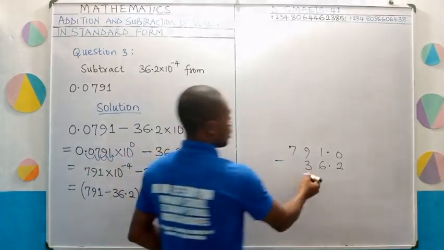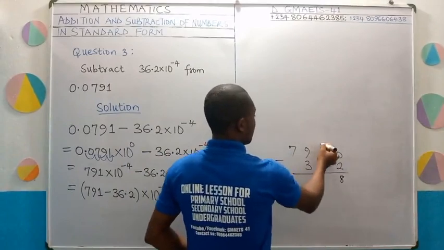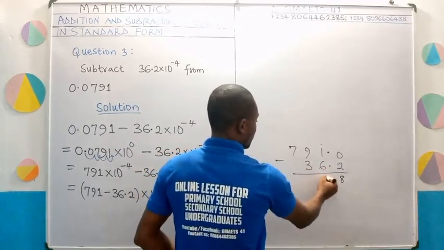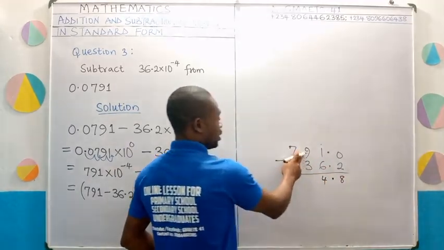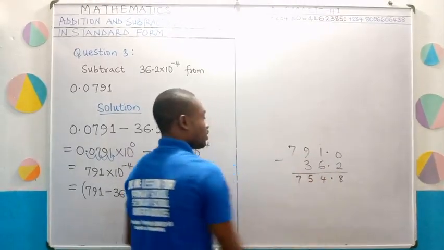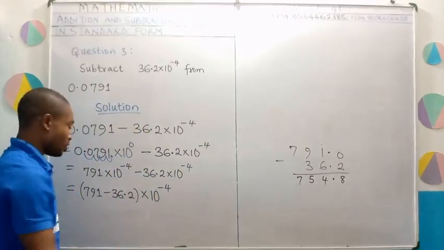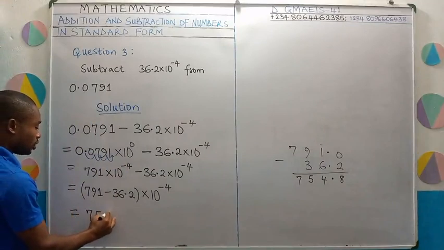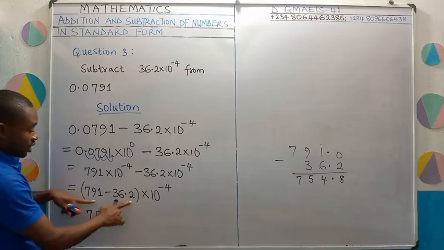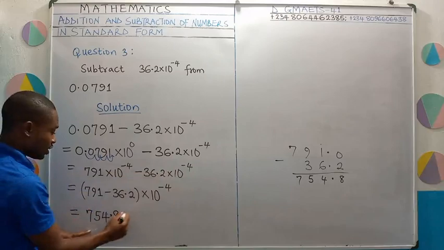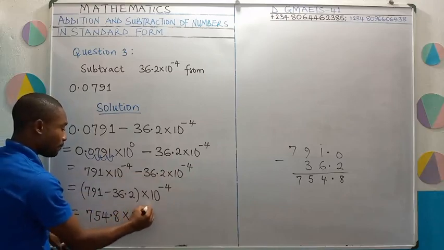If you work on this, your answer will clearly be 8. This is 0. Borrow 1 from here to this, you get 10. Then 10 minus this is 4. Put your point here. This is 8. 8 minus 3 will give you 5. And of course, this is 7. So 754.8 will be our answer. That is the result of this subtraction. 754.8 then times 10 raised to the power minus 4.